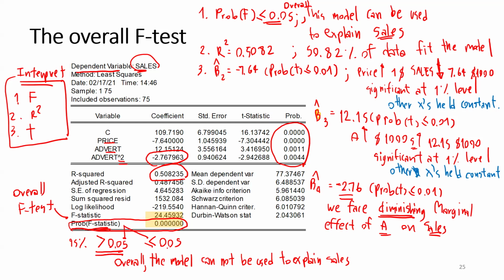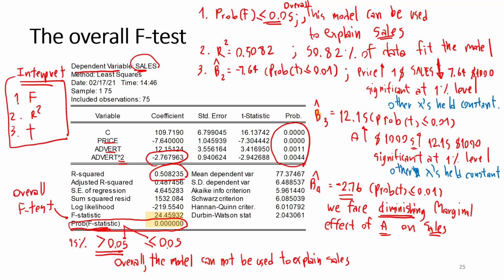Do not do R squared, do not do t, because the first step is not passed, right? If it's greater than 0.05, you can throw this model into the bin. This model is not so good.